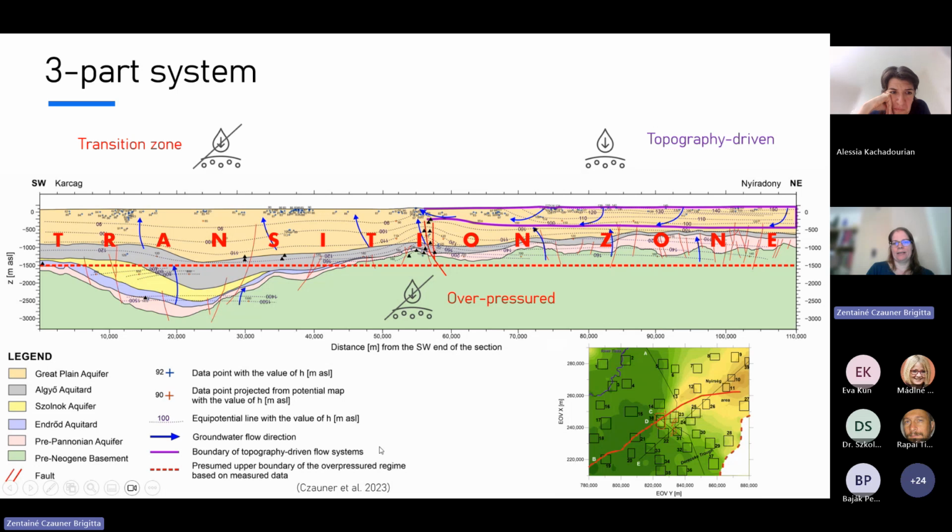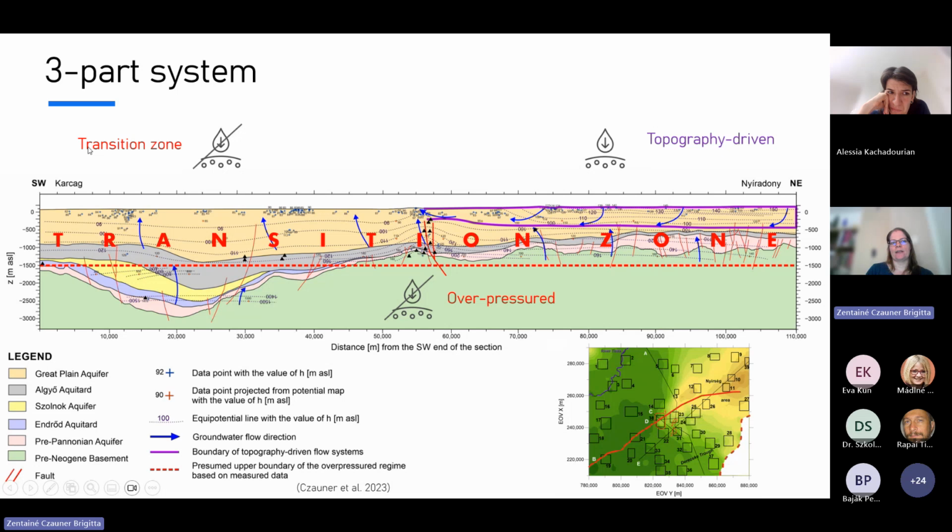And this result is interesting from the point of view of the renewability of the groundwater resources, because as I have already mentioned, the topography-driven systems have renewable groundwater resources. Of course, the time scale could be a question, but it has surface recharge areas, while the overpressured system represents non-renewable groundwater resources.